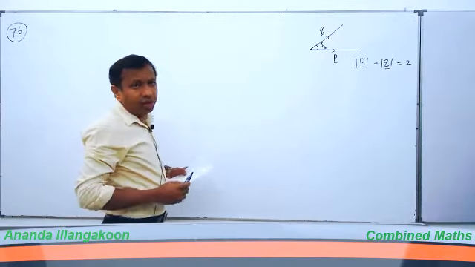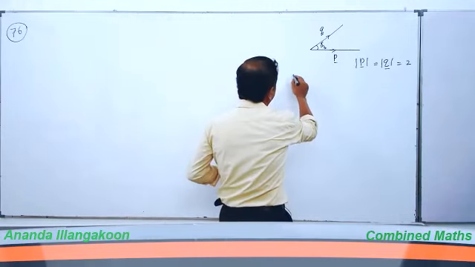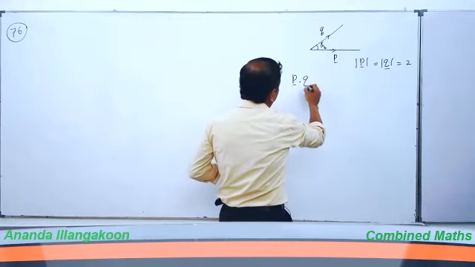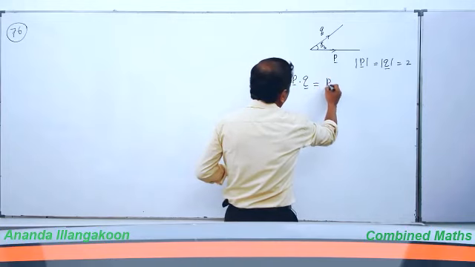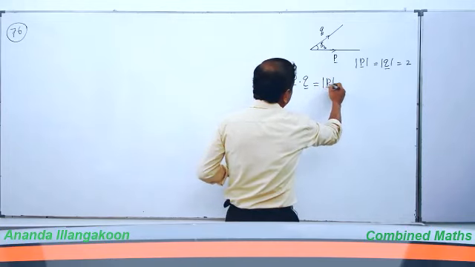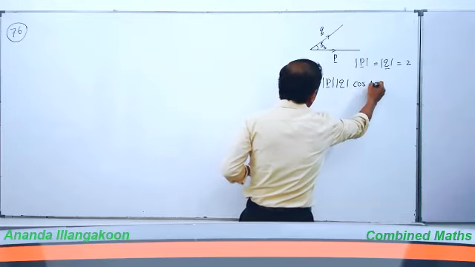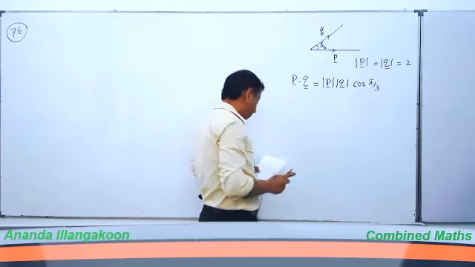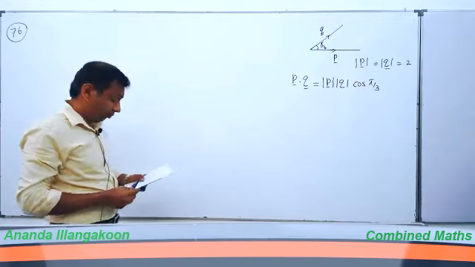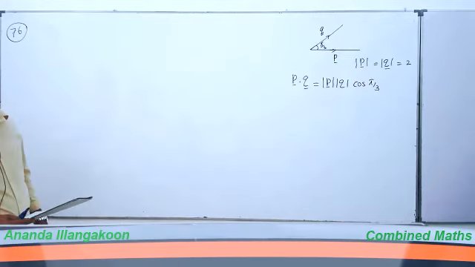But shall we find P dot Q? P dot Q is vector P modulus, vector Q modulus, cos pi by 3. That's by the definition of P dot Q.